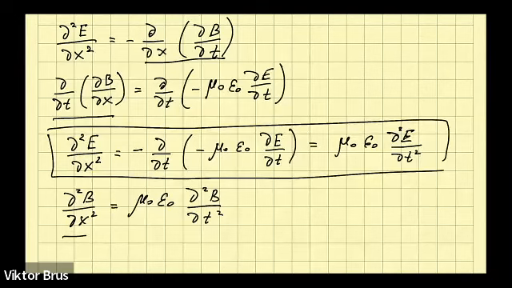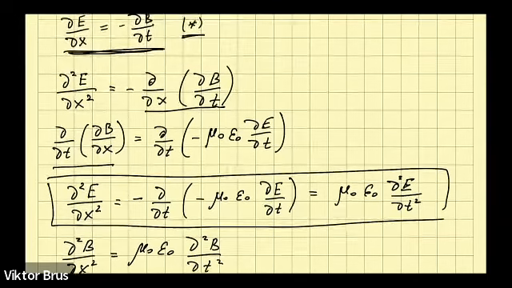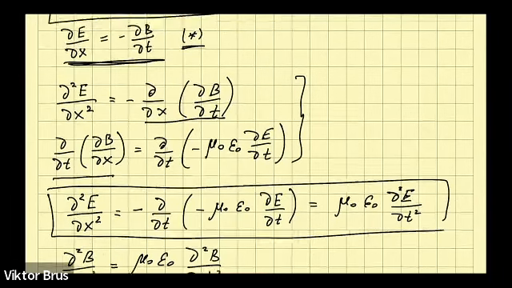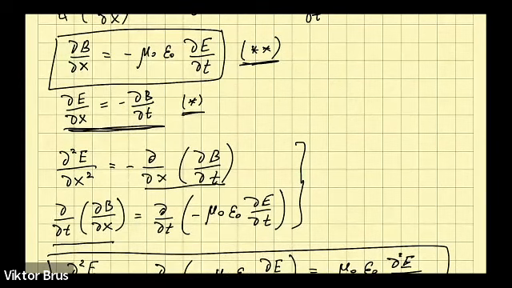We get this in a similar manner, when we combine the equations after taking derivatives of equations 1 prime and double prime. We just do it in a different sequence.